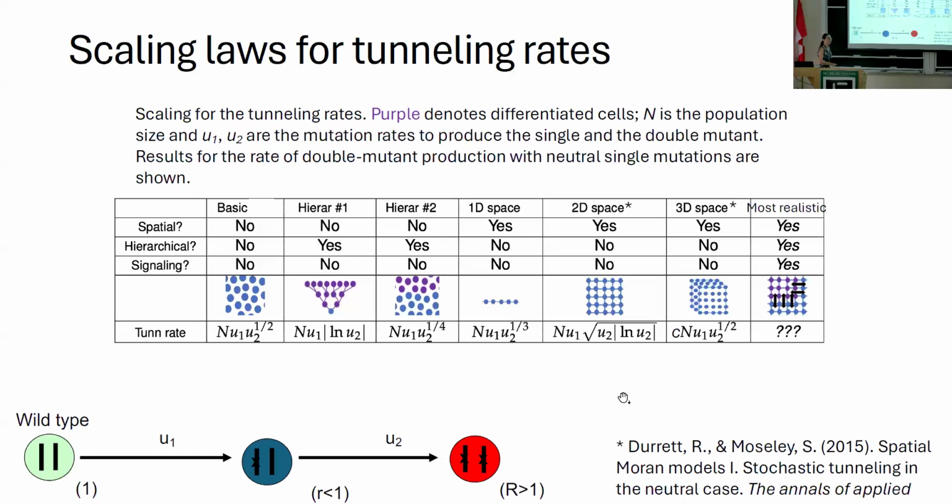So you get a different formula depending on the geometry, the dimensionality of this process, and other structural changes. Those of us who study PDEs know that dimensionality often defines many things, very fundamental. So here in evolutionary biology, the role of dimensionality of space also seems to play a significant role. So these are scaling laws that depend on exactly the spatial organization and other things in the model.